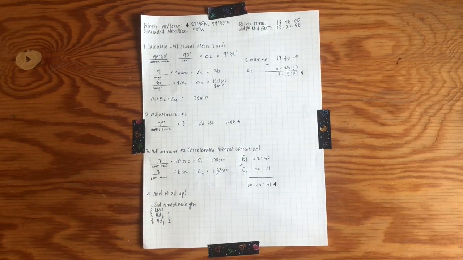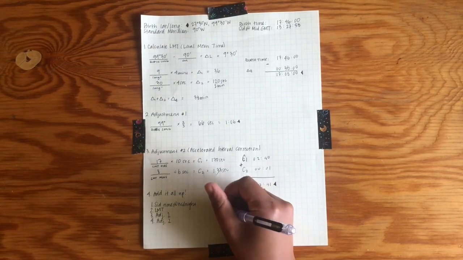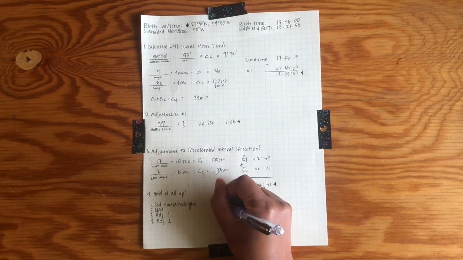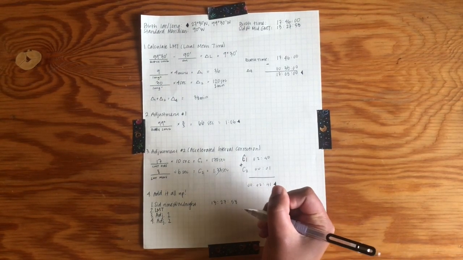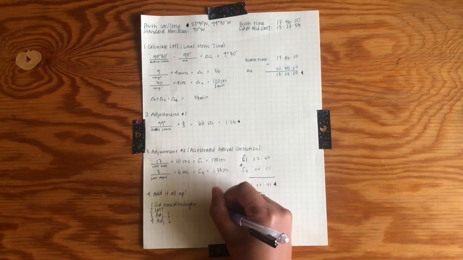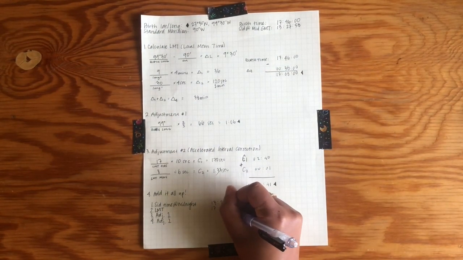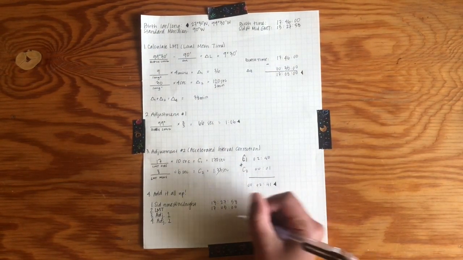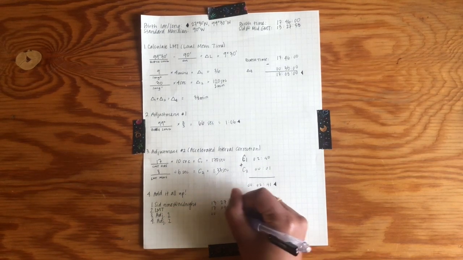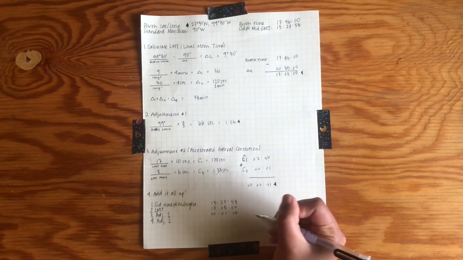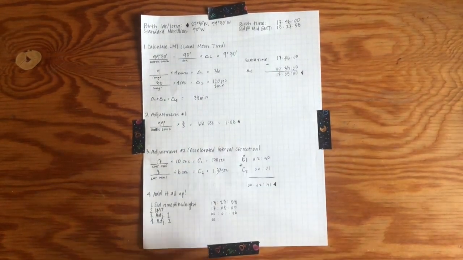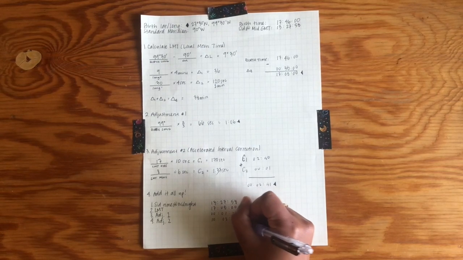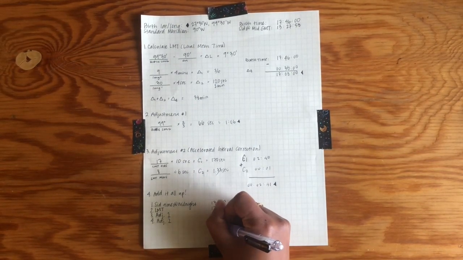Now to get the sidereal time of birth, we add it all up. So we take sidereal midnight, which is 13:27:58, and we add the local mean time, which is 17:08:00, and then adjustment number 1, which is 1 minute and 6 seconds, and then this accelerated time interval correction, which is 0 hours, 2 minutes, and 51 seconds.